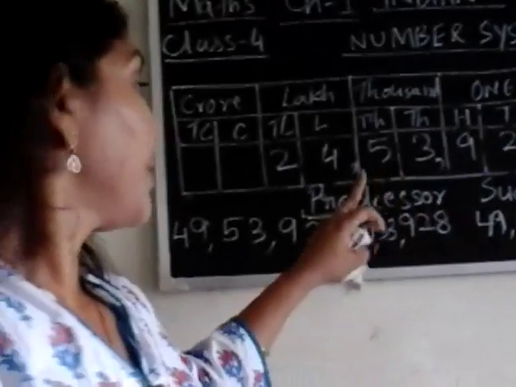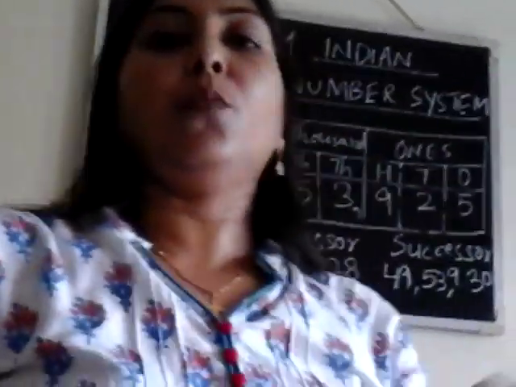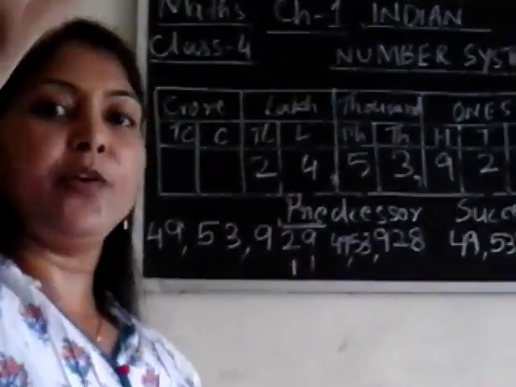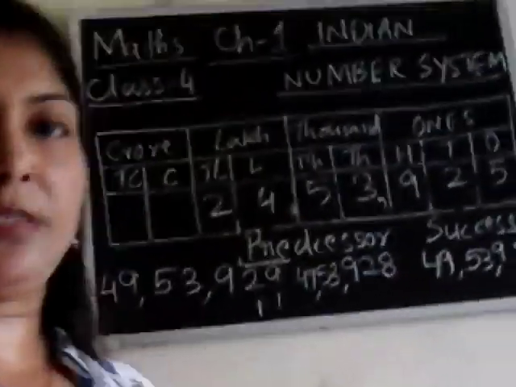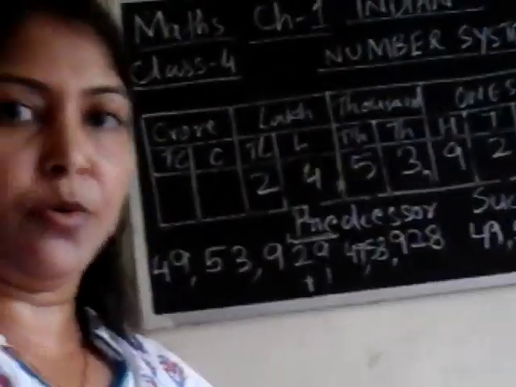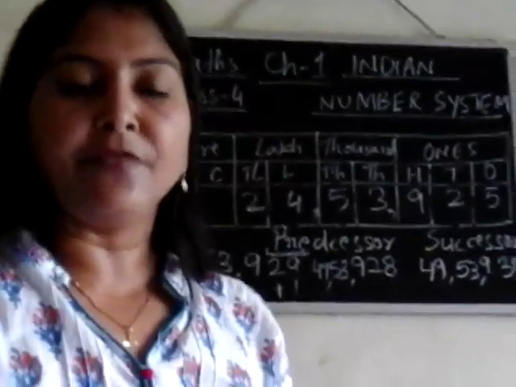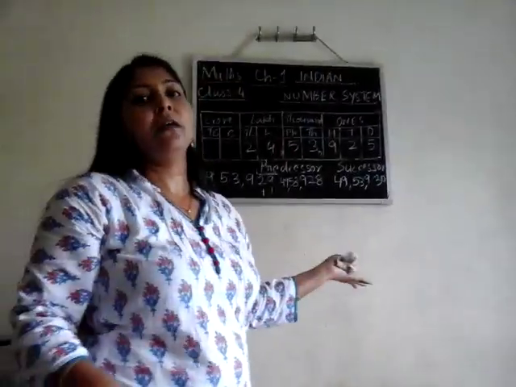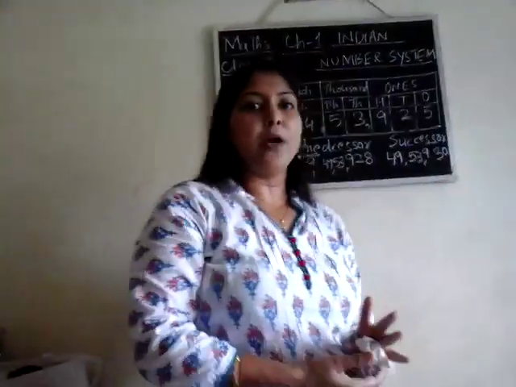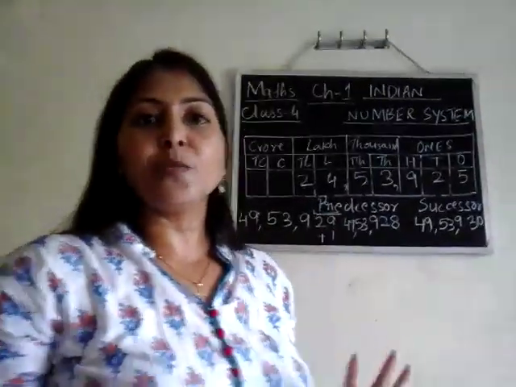So whenever you get 9 in the ones place, be a little careful, because there you will be adding the carryover to the next place value. Okay. So you may get certain questions. So don't get confused. You have to follow this method. Right. So I hope you have understood the topics I have explained just now.